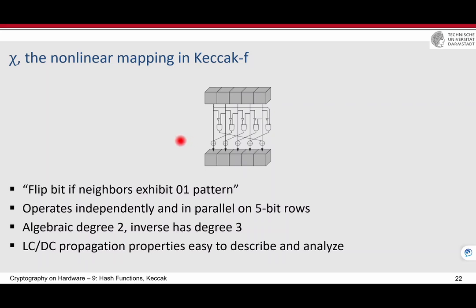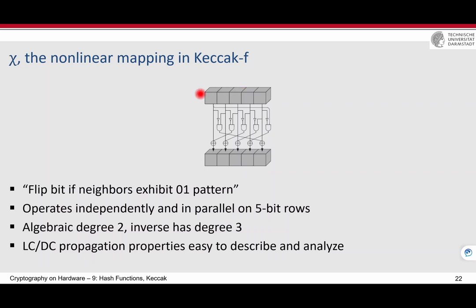The first one which we deal with is the chi function. The chi function is the only nonlinear part, or the only part which has some nonlinear gates. You see that the implementation can be written very simply. There are some AND gates, and one of the inputs is inverted, and then XORed with another input, and then it's shifted or rotated, and it comes here.